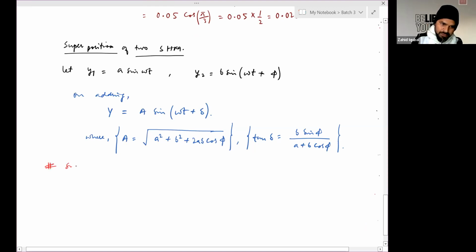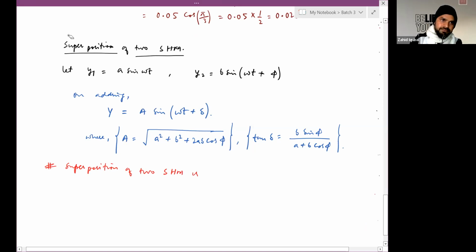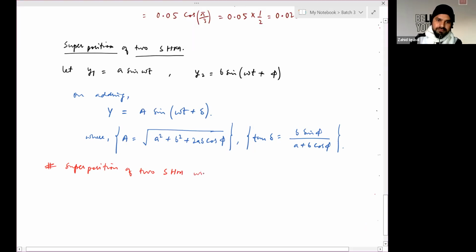So superposition of two SHMs will also be an SHM.